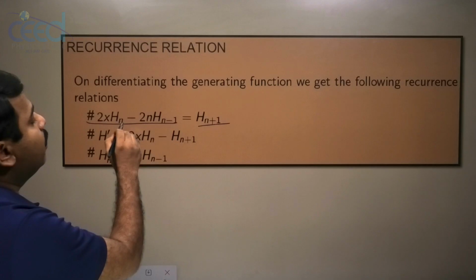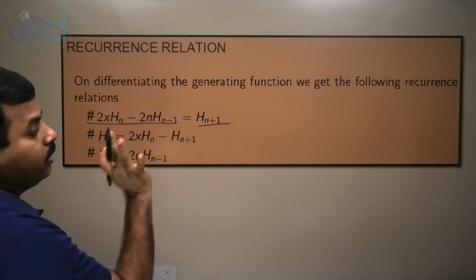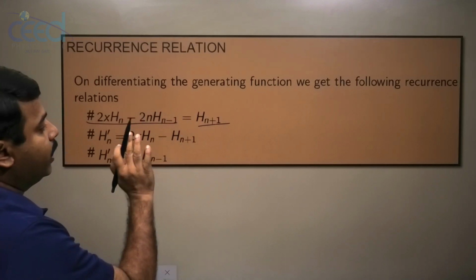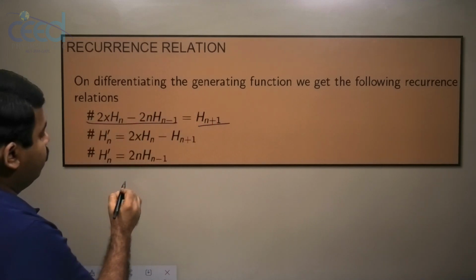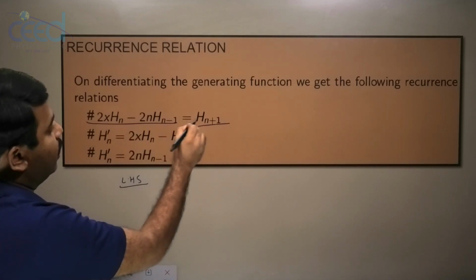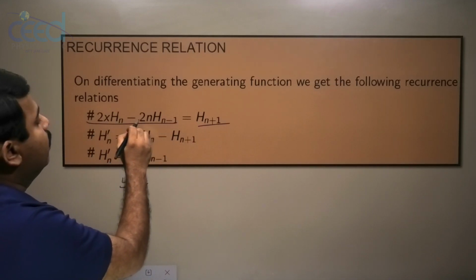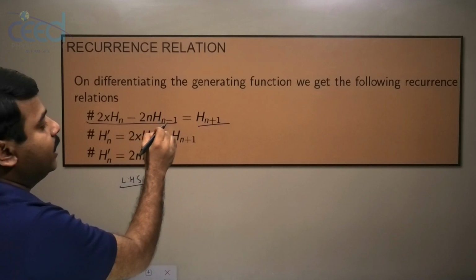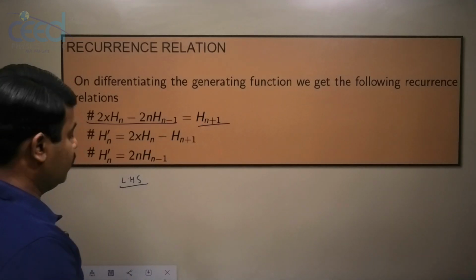Put n on either side as 1. Here the first relation is 2xhn minus 2n hn minus 1 equal to hn plus 1.